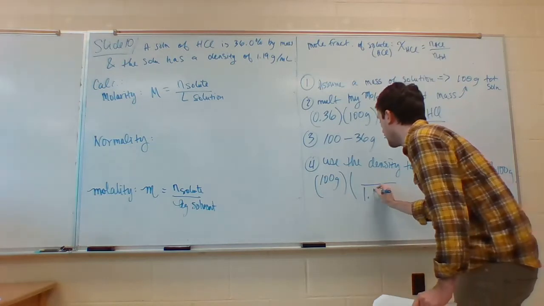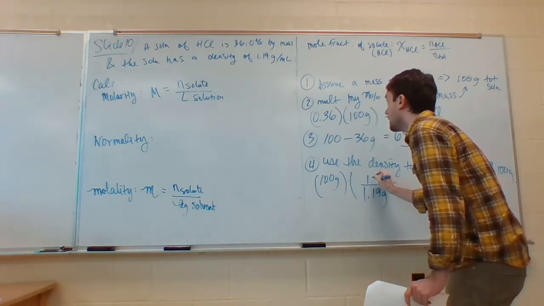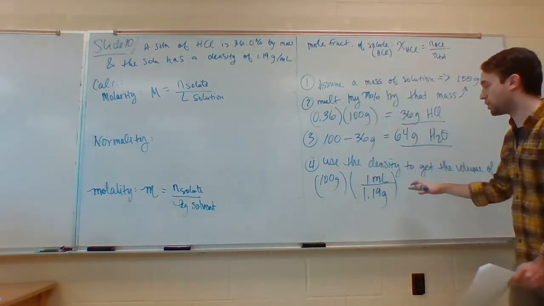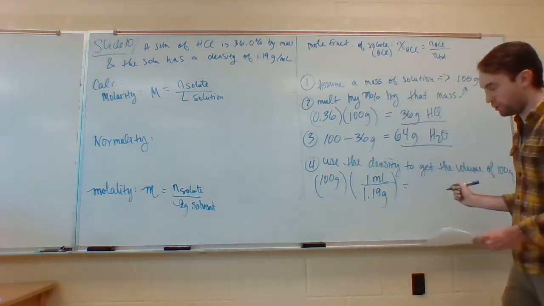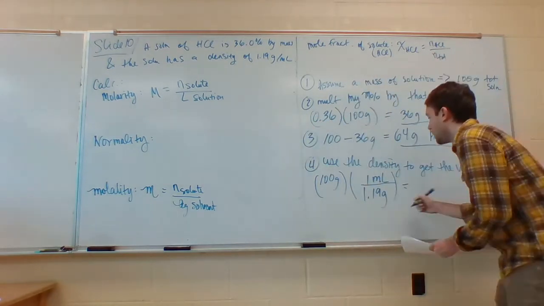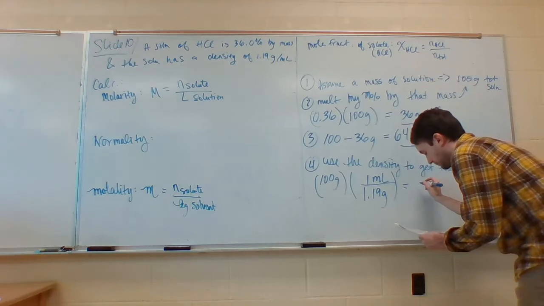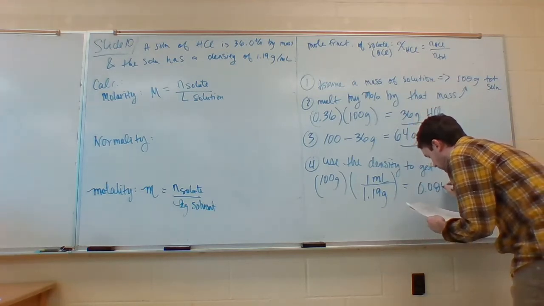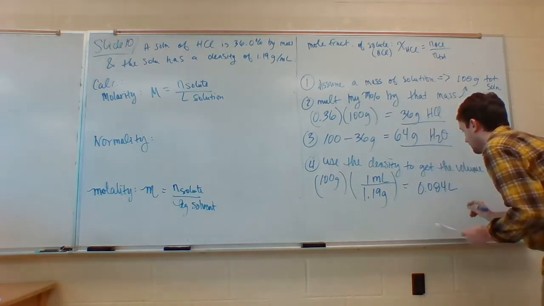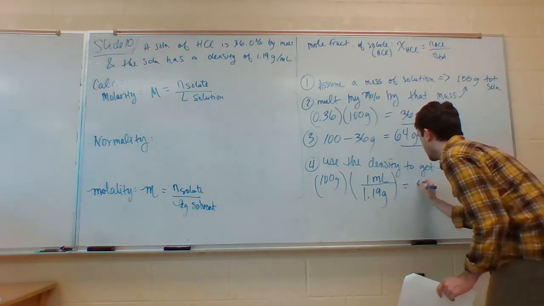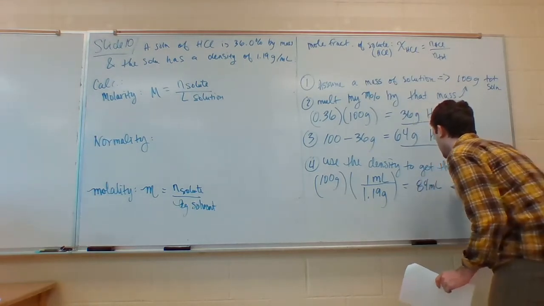We have 1.19 grams, and 1 milliliter on the top. This allows us to convert into volume of our solution. So now we have 0.084 liters, or 84 milliliters of solution.